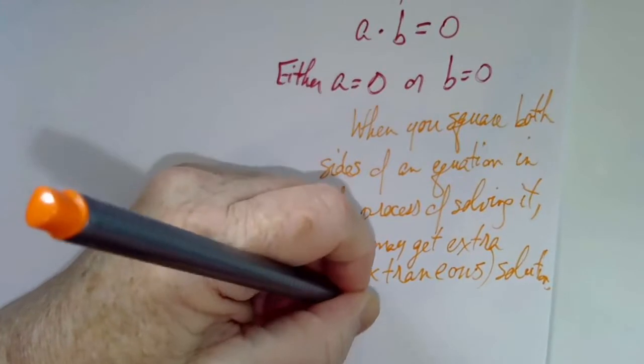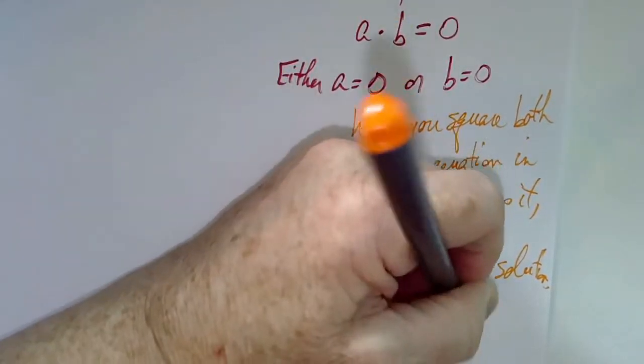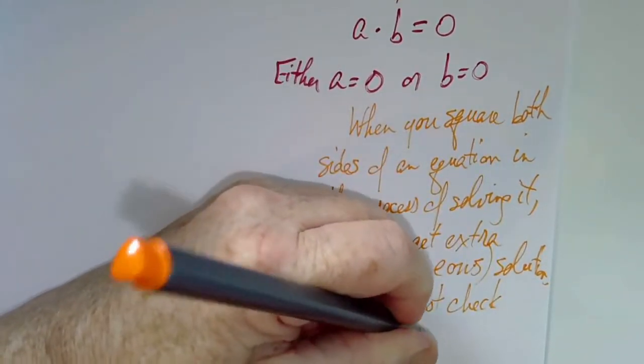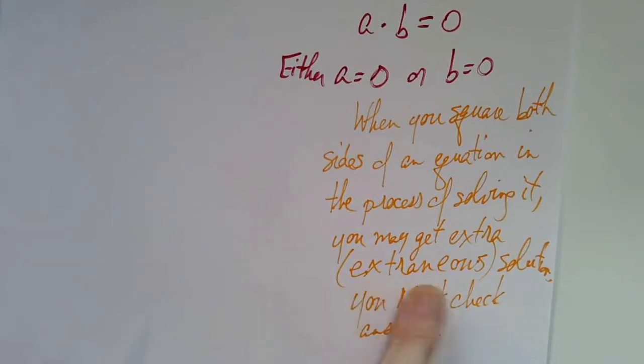So you must check answers. Anytime you square both sides of an equation in the process of solving the equation, you must check your solutions, because you may have an extraneous or extra solution.